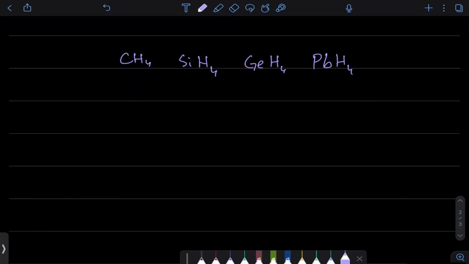Yeah. CH4. Let's see. CH4 has the lowest MR and the lowest number of electrons in the cloud. So the two important factors are MR and number of electrons in the cloud. If they go higher, the overall dipole forces go higher, the strength goes higher. So obviously they are increasing this way, the number of strengths will also increase this way.